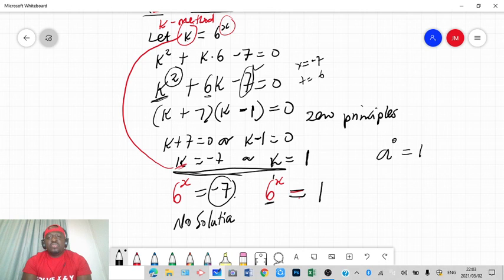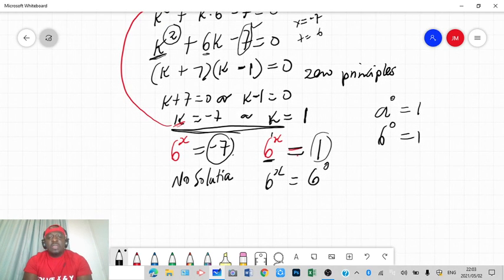All you want to do is to get a base of 6, so that you can now equate the index. So if a to the power 0 equals 1, likewise 6 to the power 0 will be equal to 1. So in place of 1, I can now substitute 6 to the power 0. And therefore, my x value is equal to 0.